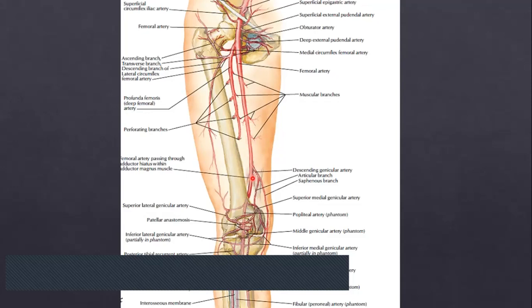Then here at the adductor hiatus, it will enter the popliteal fossa through the adductor hiatus and change its name to the popliteal artery. Then you can see here we have a branch, the descending genicular artery, which will give us the saphenous branch, which will follow the saphenous nerve, which is a cutaneous branch of the posterior division of the femoral nerve, and will give off also an articular branch, which will go to participate in the formation of the genicular anastomosis.